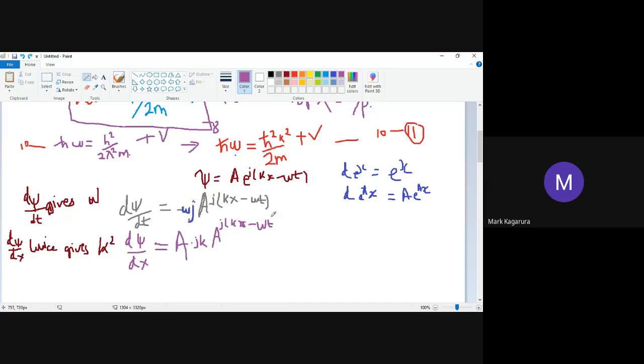Then the second derivative, which is d squared ψ by dx squared. What does this give us?